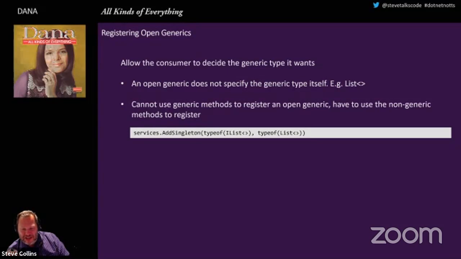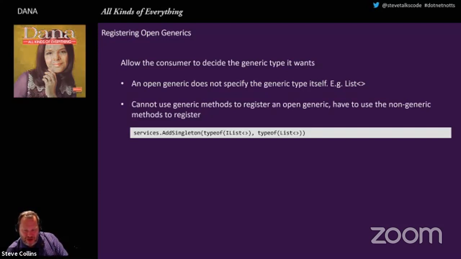What you can do is register an open generic. So in this example, I've got iList. I've got my brackets, but with no T or TR or what have you. I don't say what it is. So the consumer can then say, I want a list of strings. I want a list of Wibble. I want a list of Bob. As I say, you wouldn't necessarily do it with the generics that come out of the box, but if you write your own generics, that's a way of opening up so that your consumers control what the generic type is.